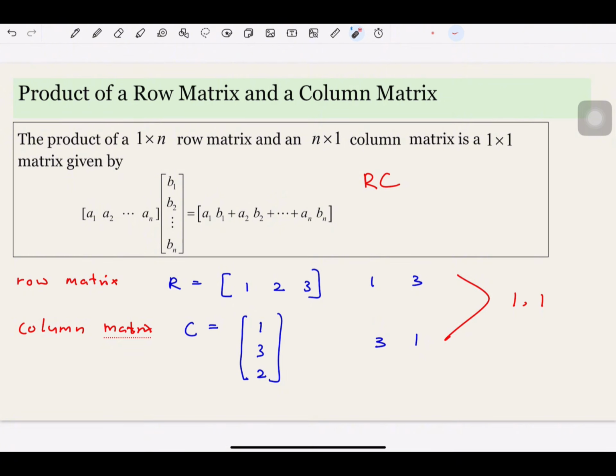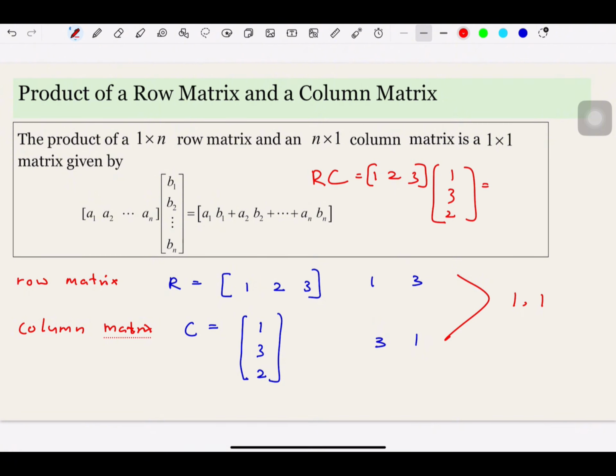When you're doing the multiplication, you have to multiply the numbers in matching positions and then add them together. Okay, let me write this. You have to multiply R and C, so I'm going to write my R first, which is 1, 2, 3, and then I'm going to write my column, which is 1, 3, 2.